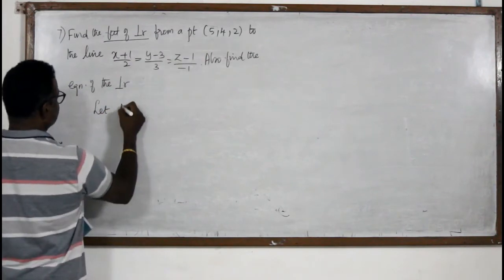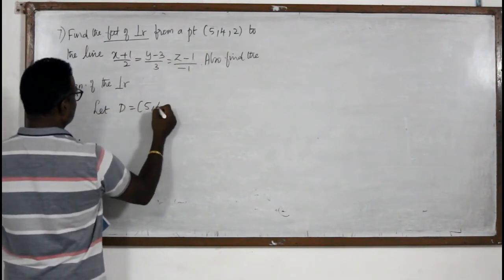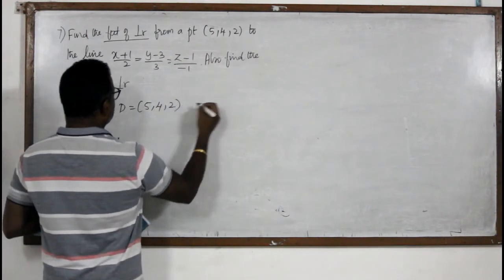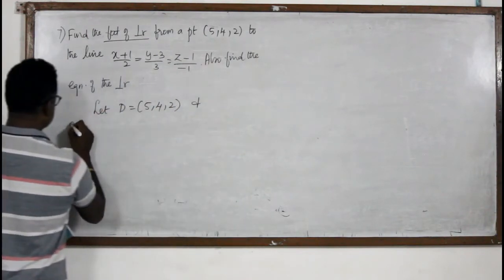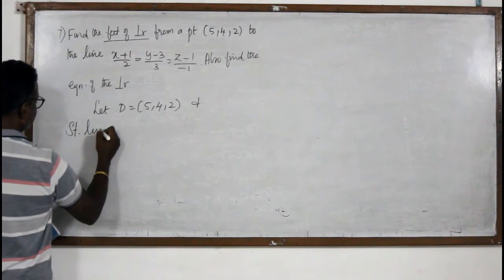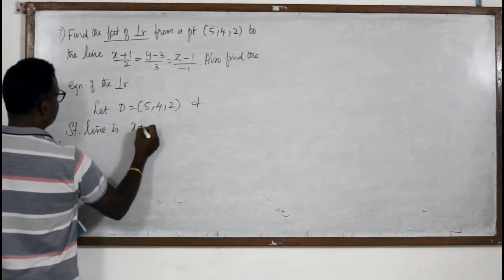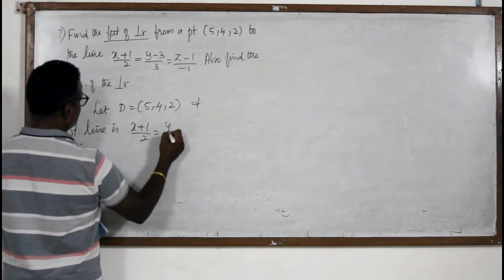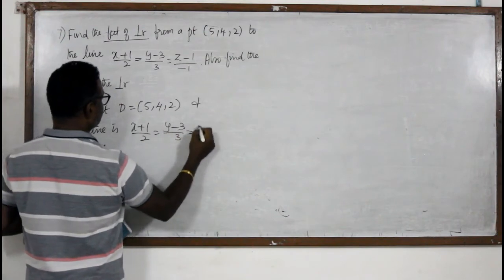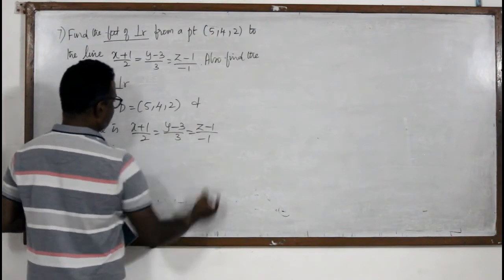So, take that point as D. Let D be (5, 4, 2). And the given straight line is (x+1)/2 = (y-3)/3 = (z-1)/(-1).